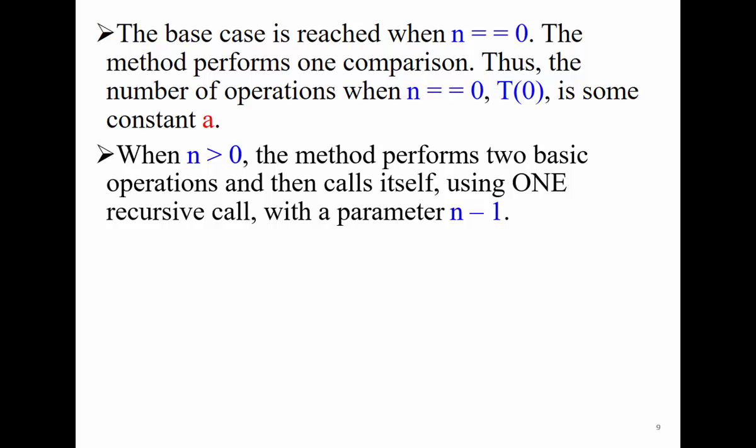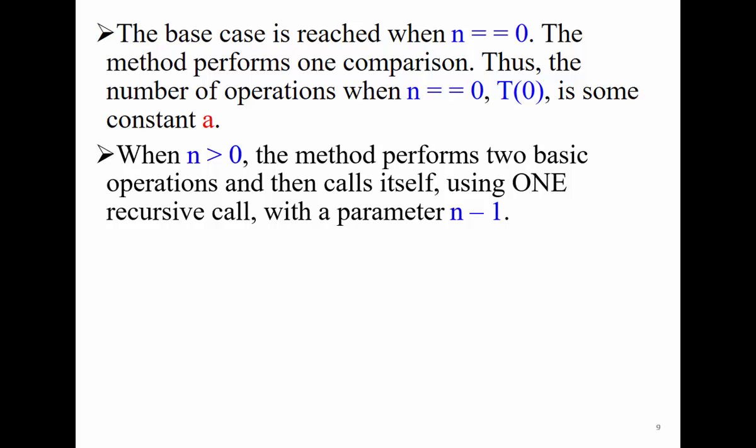Now, if n is greater than 0, then we're going to do the recursive call. There is an if statement where we check if n is greater than 0, we print, and then we do the recursive call. The recursive call needs to store a frame on the stack, with all the local variables and the return point. So there is some time you need to spend while doing the recursive call.